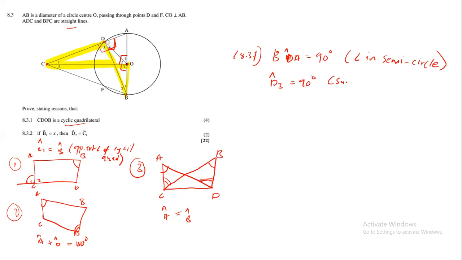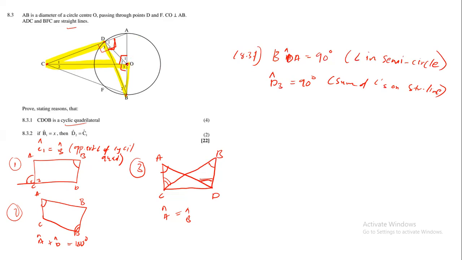Why? Sum of angles on straight line. This is the reason, or you can say supplementary angles on straight line. So D3 is equals to 90 degrees, because 180 minus this 90, I'm still going to get 90 degrees.